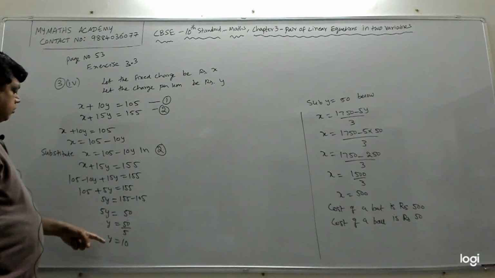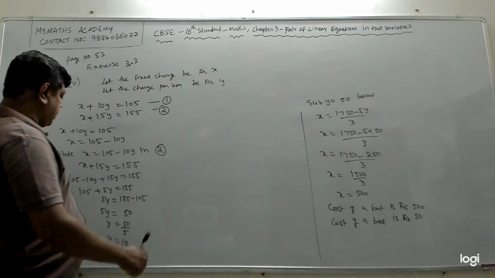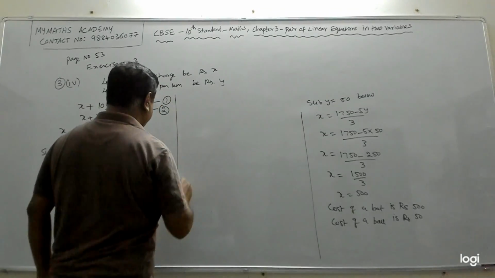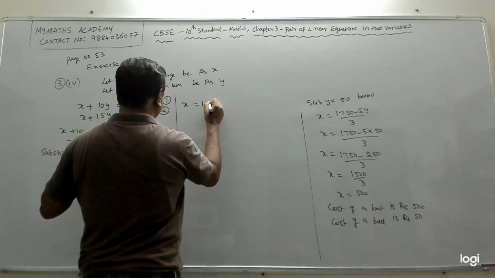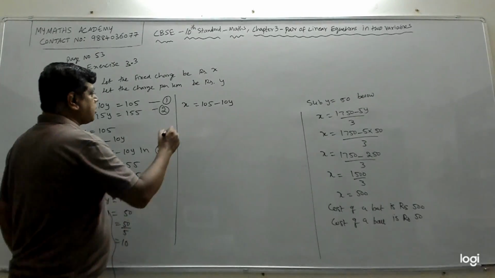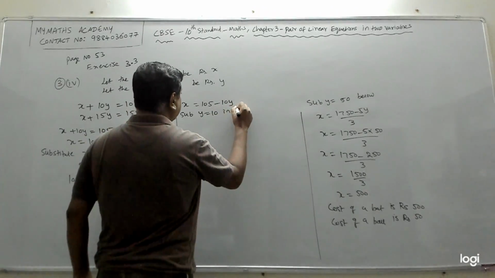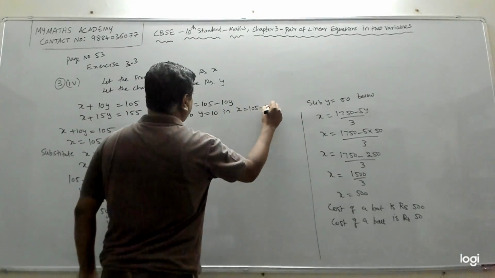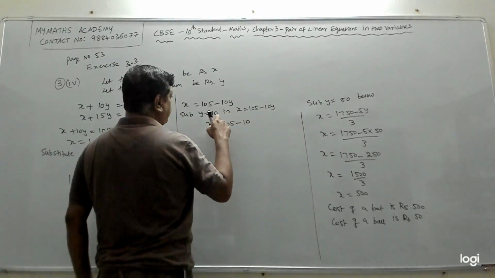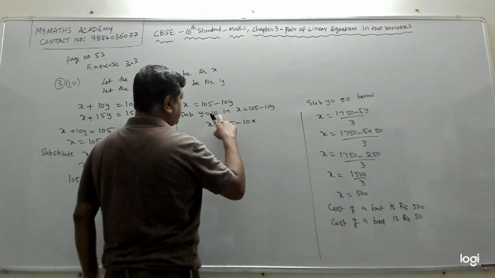Now we need to find x. Substitute y equal to 10 in x is equal to 105 minus 10y. And what do we get? My x becomes 105 minus 10 into y, and y is 10.